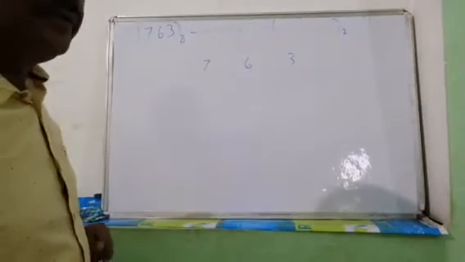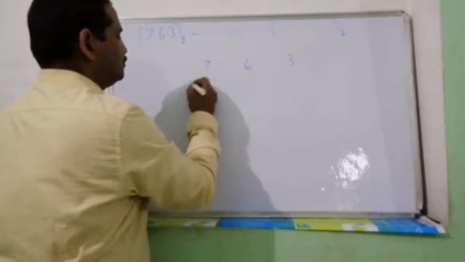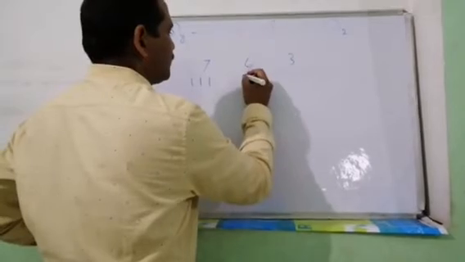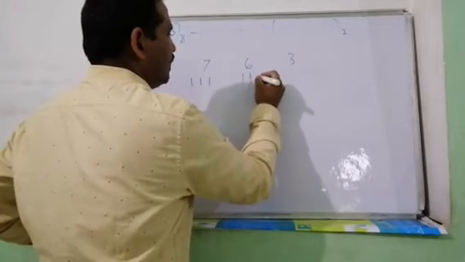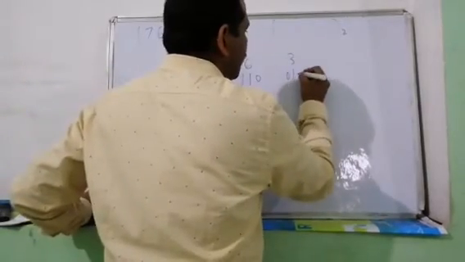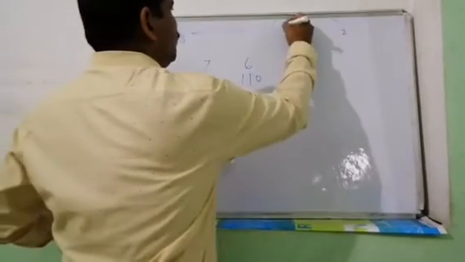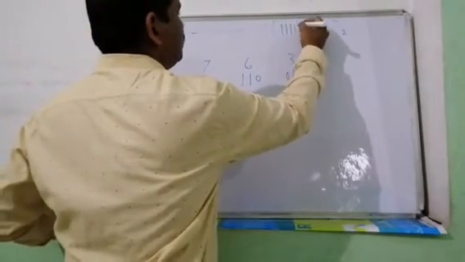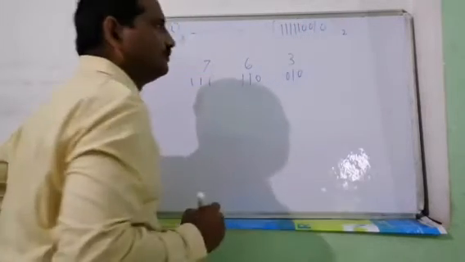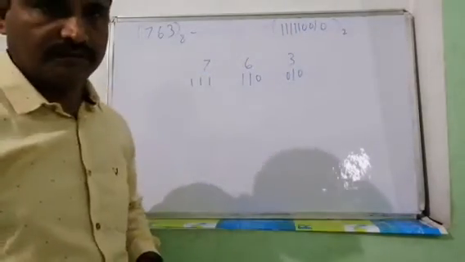So binary of 7 will be 111, 6 will be 110, and 3 will be 011. When you combine them, 111 110 011. This is the binary conversion of this octal.